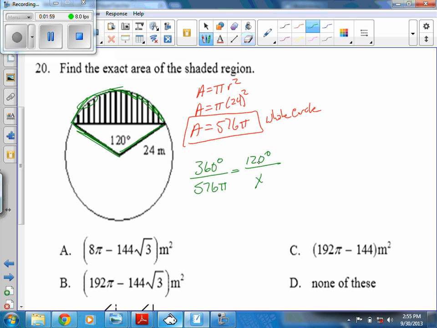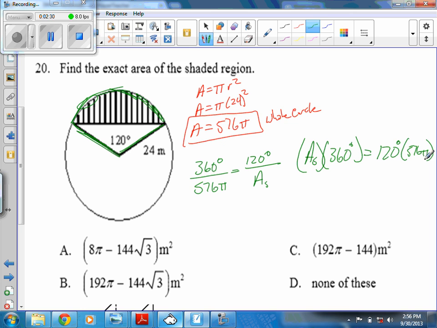Let's not call it x though. Let's call it A sub s for area of the sector. So a little cross multiplication, and we'll have A sub s times 360 degrees equals 120 degrees times 576 pi.